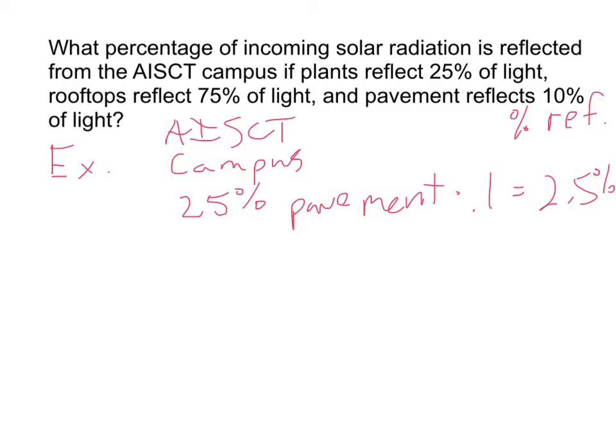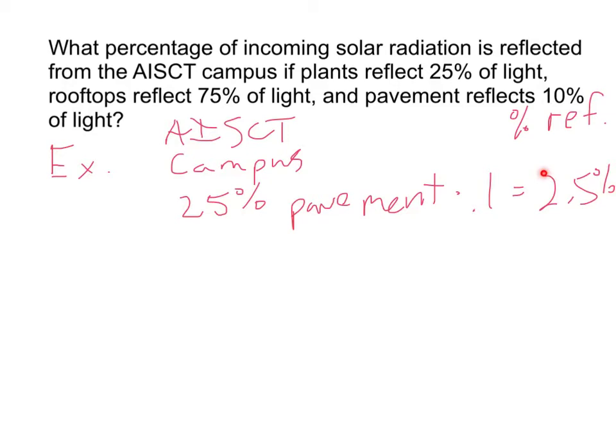So you can see here that we have the AISCT campus percentage, 25% pavement, and we're multiplying that by our reflection, which is 10% of light. Pavement does not reflect much light. It absorbs most light, especially asphalt, which is black. And so therefore, the percent we have reflecting back into the atmosphere is only 2.5% of what was coming in onto that surface.